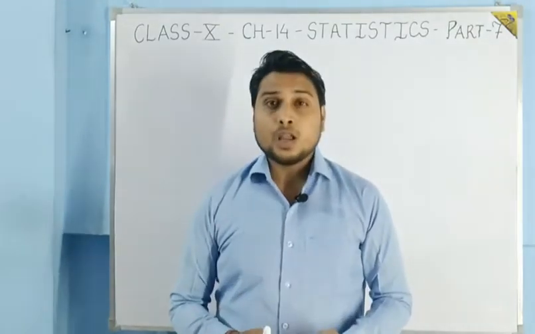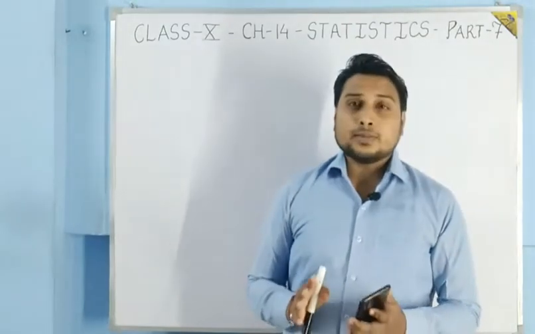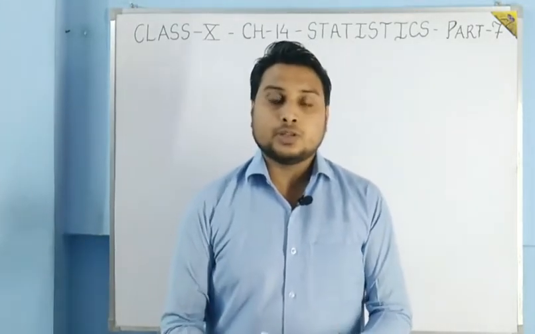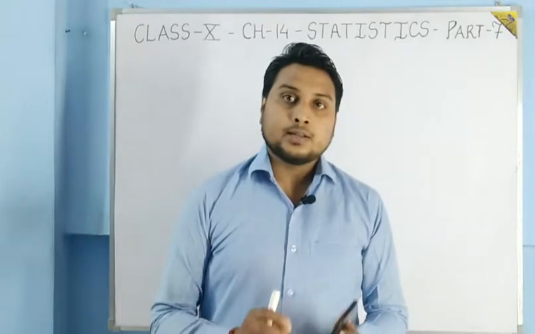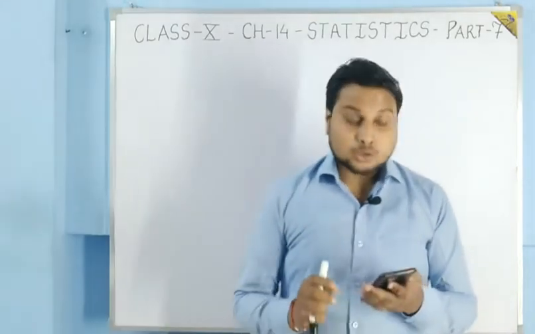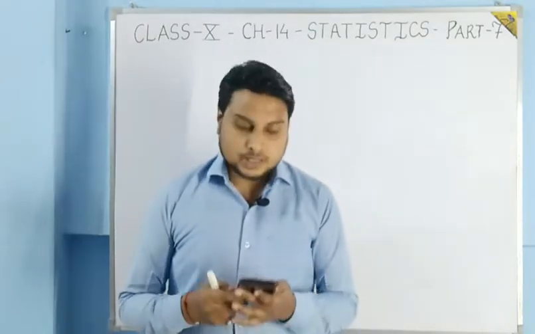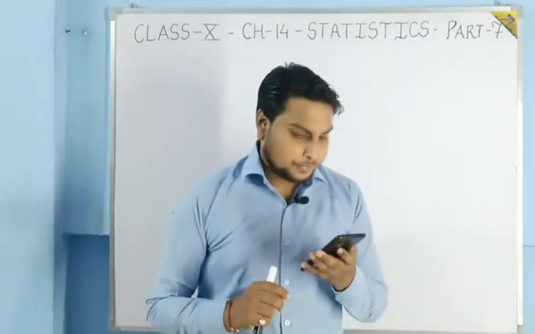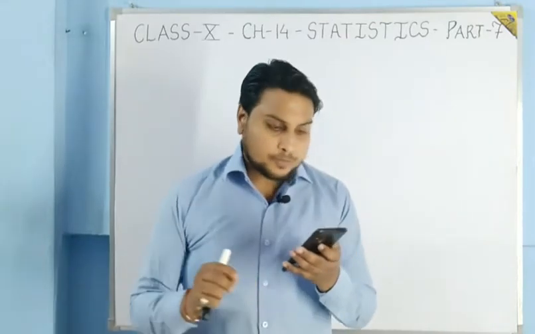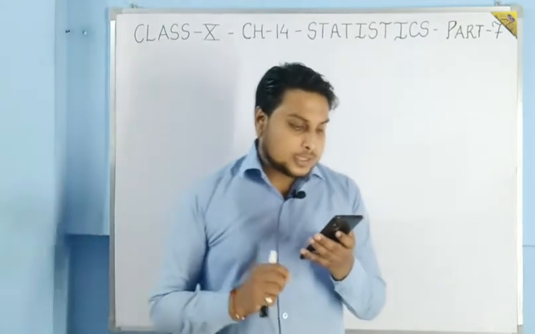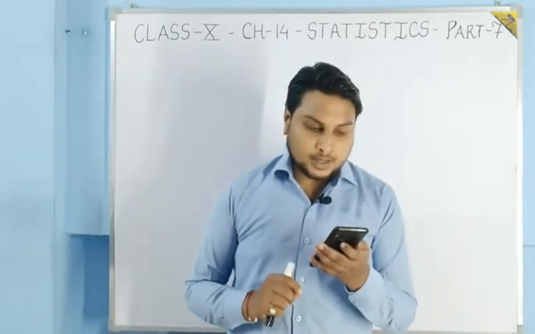Keep your NCERT book with you while watching this video, so that there will be no need of writing the questions on the board. The first question of exercise 14.3 is: the following frequency distribution gives the monthly consumption of electricity of 68 consumers of a locality.